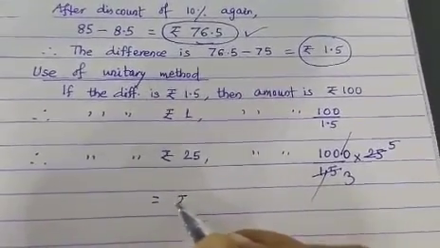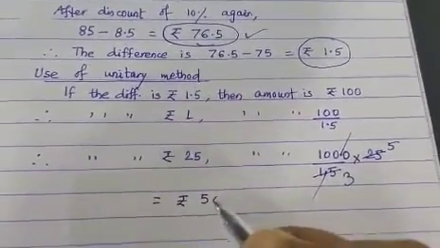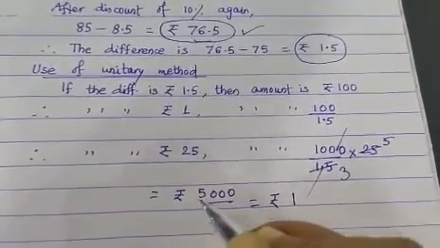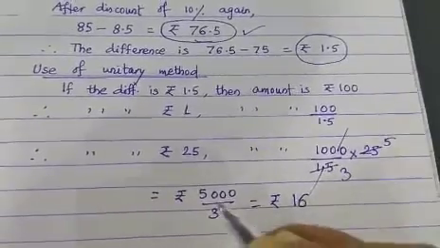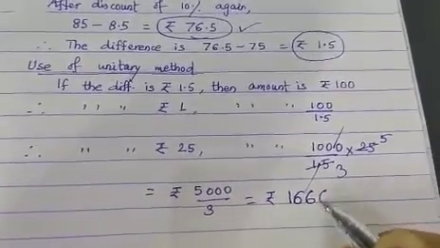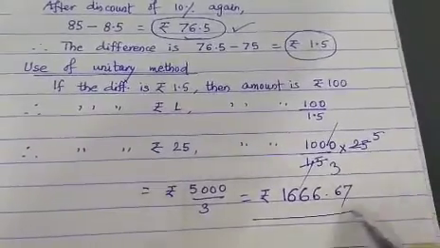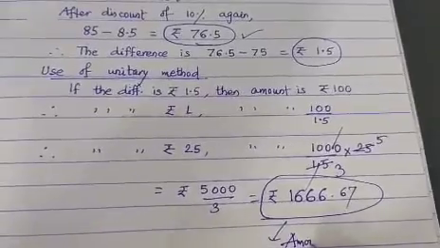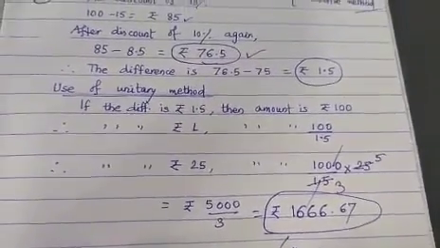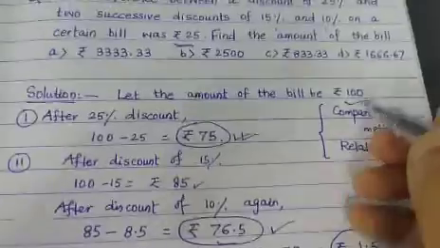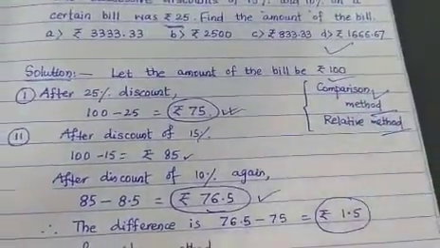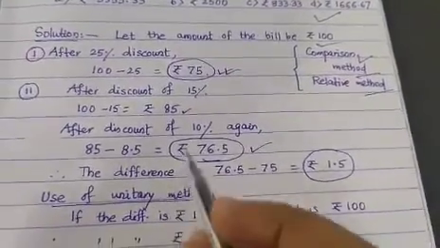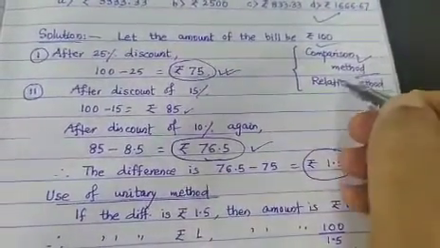So it becomes 1000 into 5, 5000 divided by 3, which is equal to 1666.67. So this is the amount, and this is our option number D. So you can see how easy it becomes to solve this problem with the comparison method.